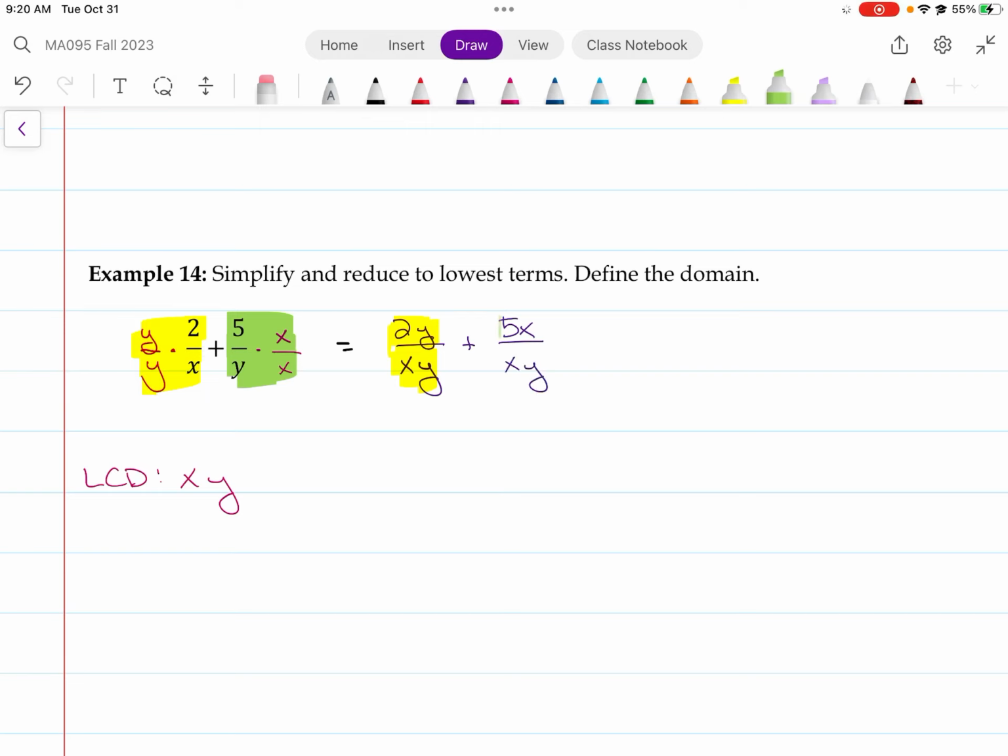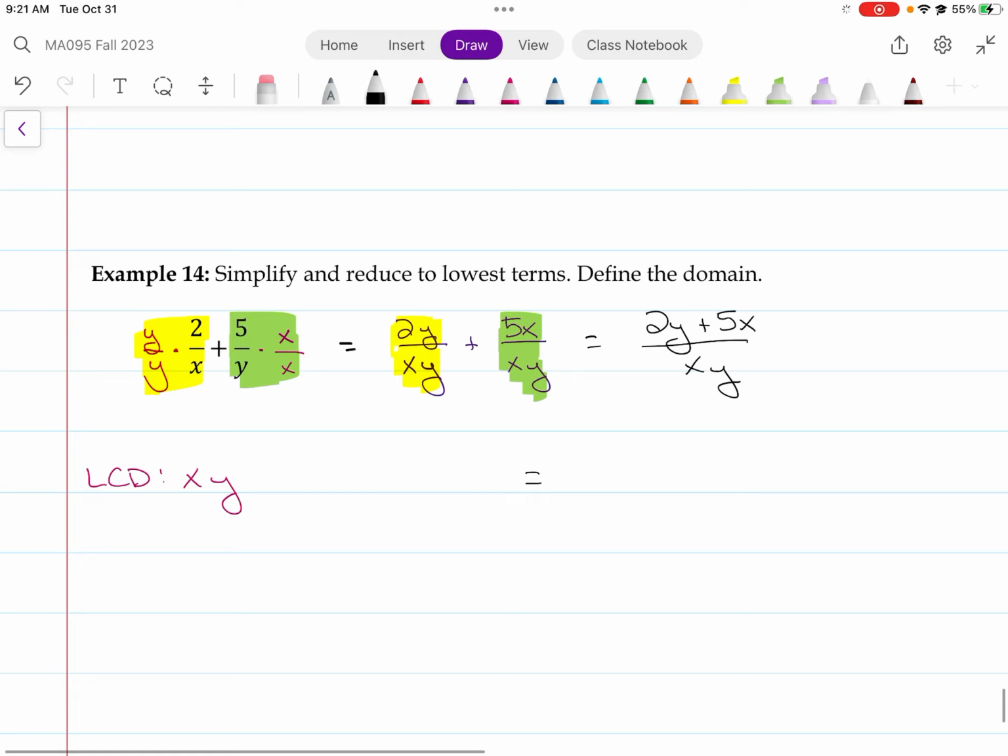Pause the video and think about that if you find that confusing. So now we've got 2y plus 5x over xy. Let's write that in a more standard, alphabetical form: 5x plus 2y over xy. And that's our final answer.